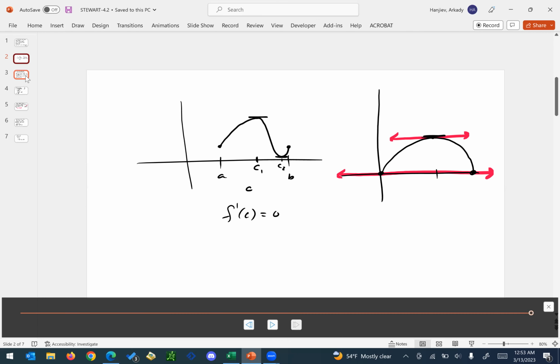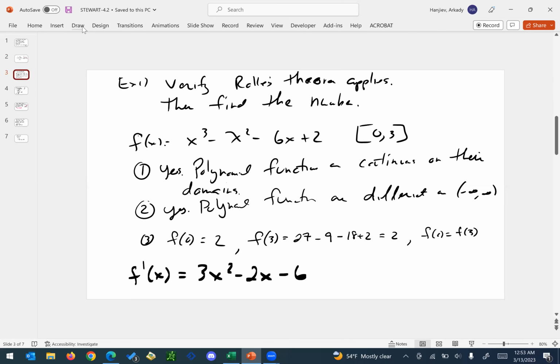I'm going to jump to this one here. Okay, example number 1. We're going to verify Rolle's theorem.